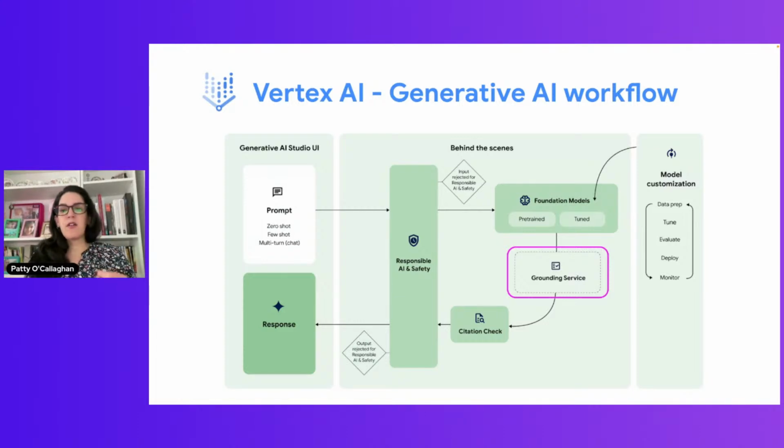Sometimes you might need the response that the model is giving back to be what is called grounded. This is the ability to connect the output of the model to a verifiable source of information, a source of truth.